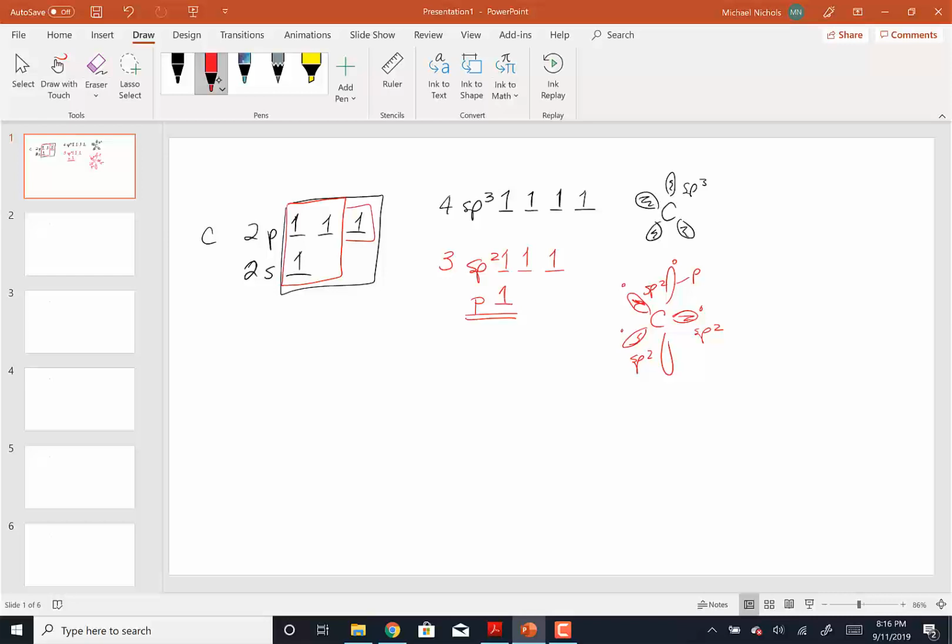So if we thought then about hybridizing just the s and 1p, then we're going to end up with 2 sp hybrid orbitals, each of which will have one unpaired electron, and we would end up with 2 unhybridized p orbitals.